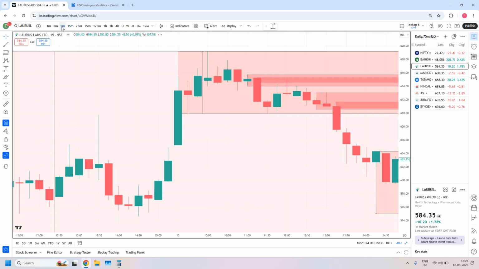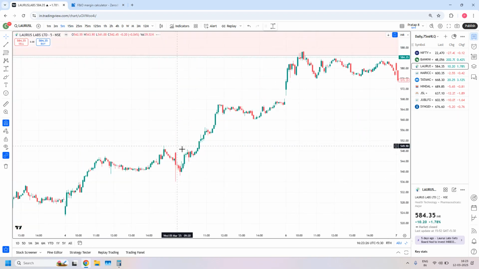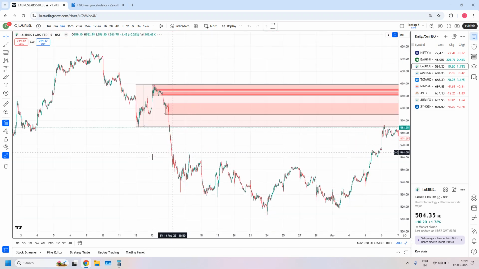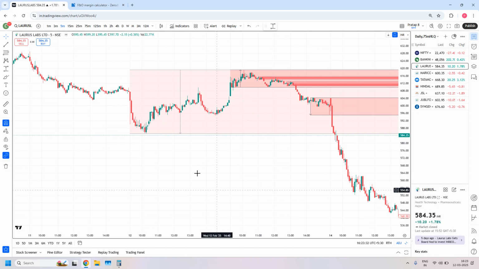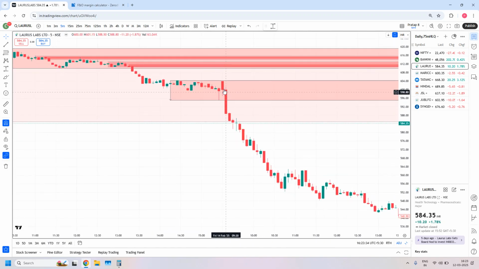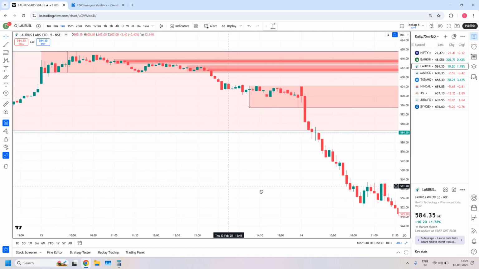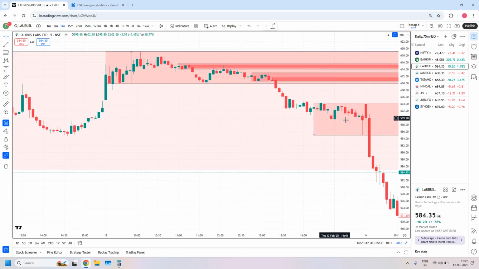Okay, now go to the 5 minutes time frame. In the 5 minutes you see more clarity, how bad this structure is. Drop candle, no base candles in between, and some sort of consolidation earlier. And it is a failed ERC candle.